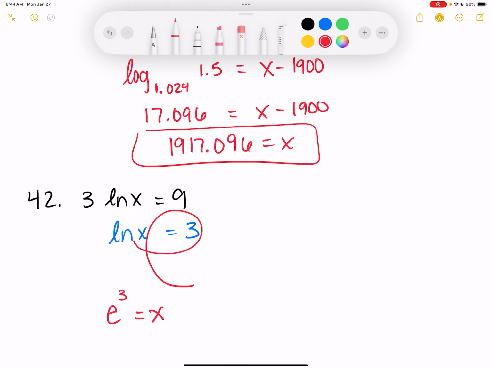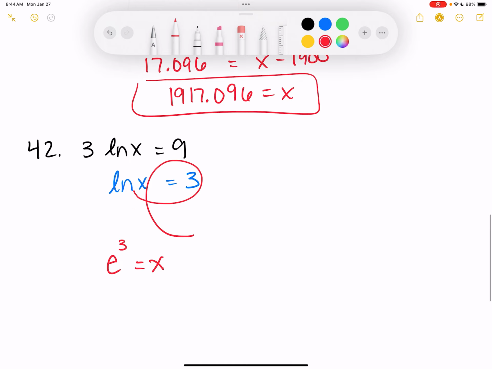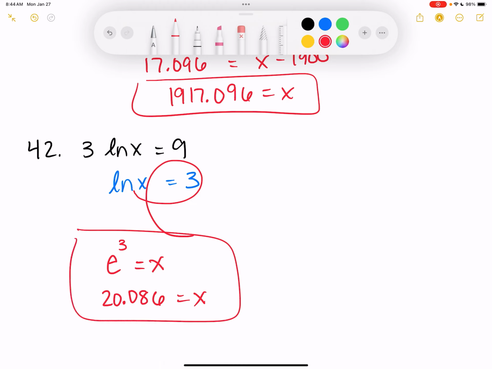So we've got e to the 3, and if we were to multiply it out, it would be 20.086 is x. So I would take this either way, because like I said, since e is a number, some people just leave it as whatever, cubed.